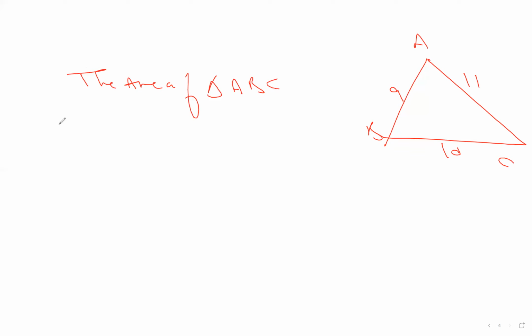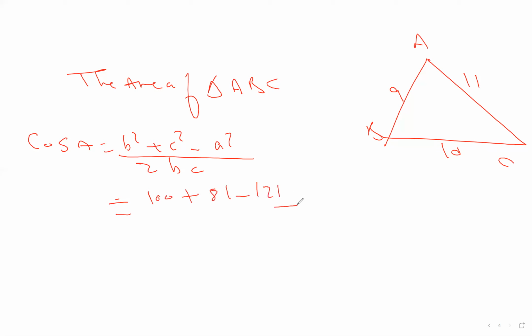For example, find the measure of angle A. You have three sides, so you have to use the cosine rule, not the sine rule. Cosine A equals B squared plus C squared minus A squared over 2BC. Substitute: 100 plus 81 minus 121 over 2 times 10 times 9.